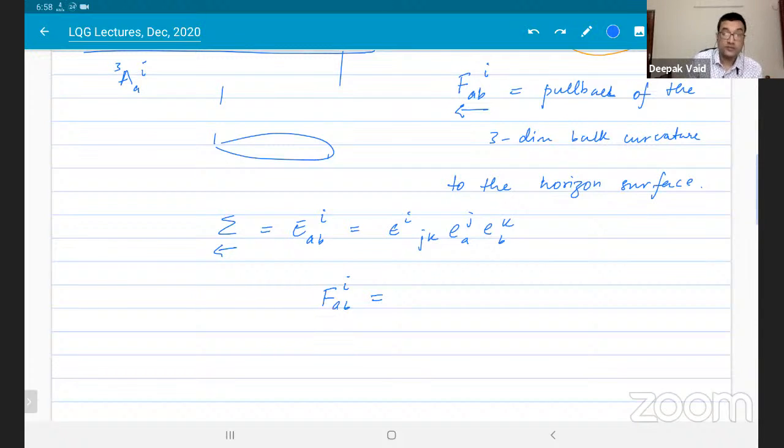Right, so this is what the boundary condition looks like. Minus 2 pi by A naught, where this A naught is the area of the horizon of the spatial slice, right?